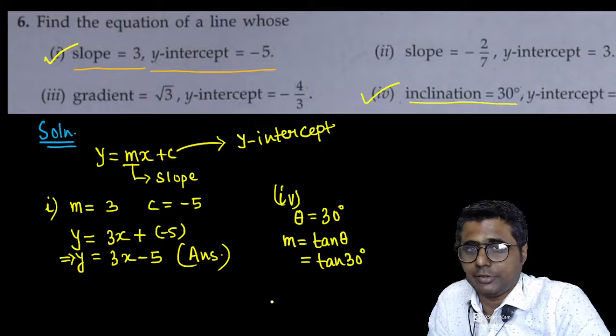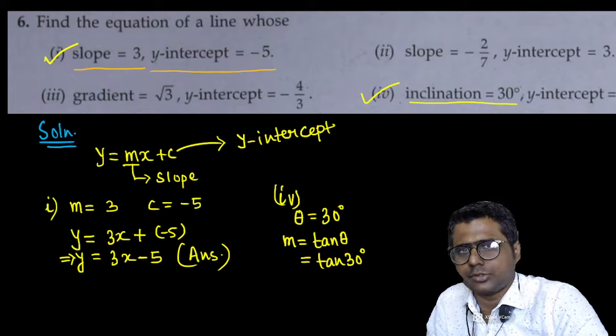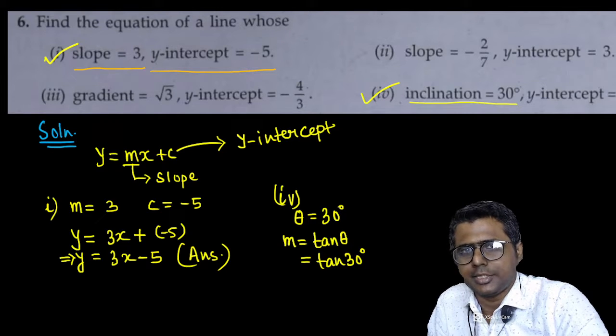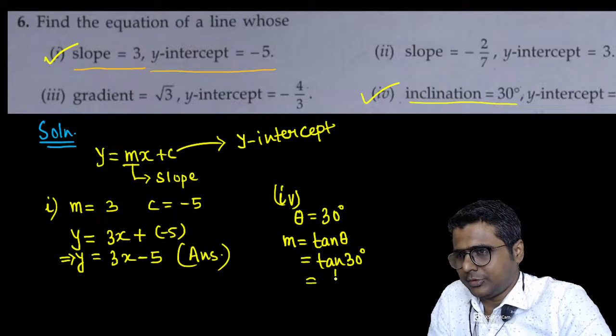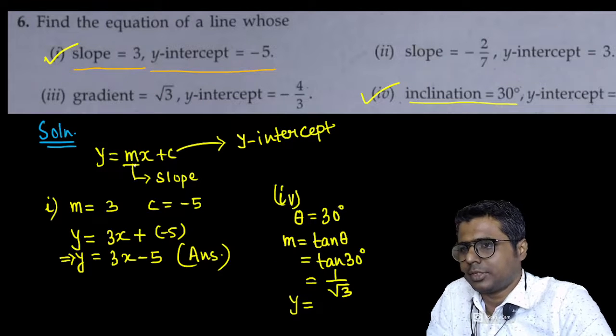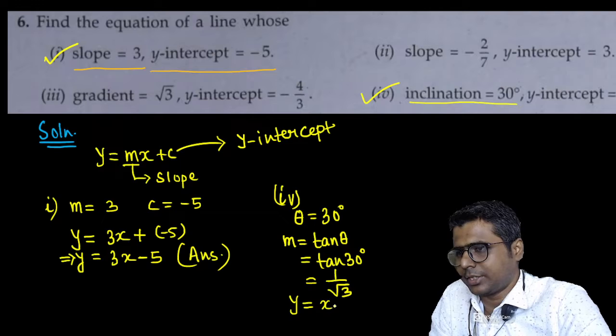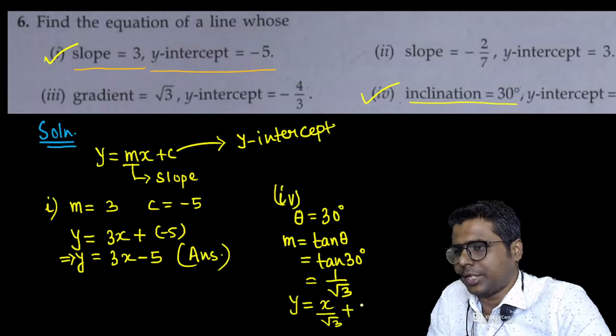So please remember the values of standard angles of trigonometry, tangent, sine and cos. In this case only basically we will be requiring tangent, but overall you have to do all the 3. So here we can get the slope value is 1 by root 3. So next is y is equal to, I'll put the 1 by root 3 value over here, so I can write it as x by root 3 plus the intercept is given as 2, so I'll write directly 2.